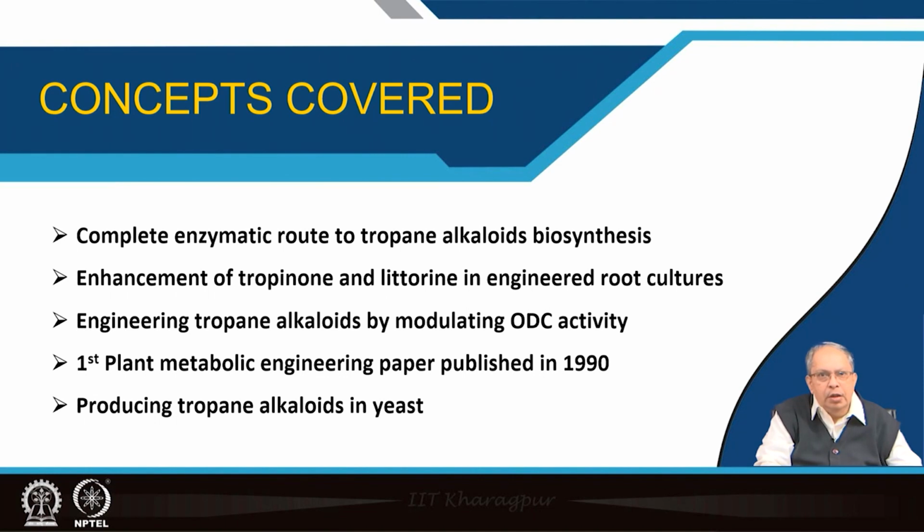Next, we will talk about engineering tropane alkaloids by modulating ornithine decarboxylase activity, and once we finish that, I will go back to the first plant metabolic engineering paper, which was published in 1990, and then we will talk about tropane alkaloids in yeast. This is one of the most exciting areas. Here I will discuss the advancements published in 2020.